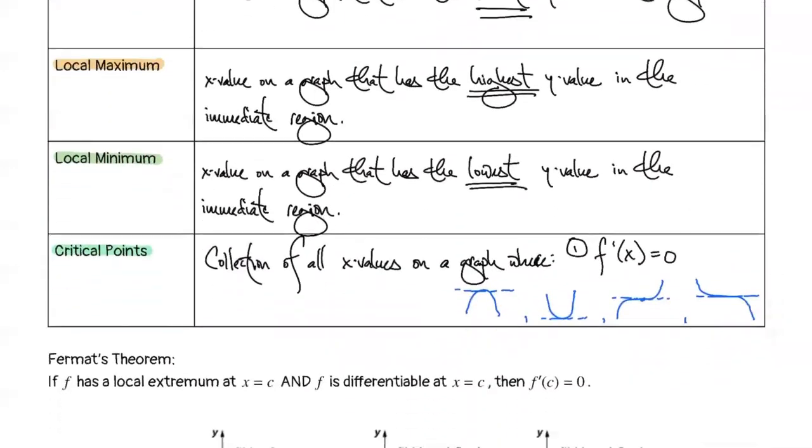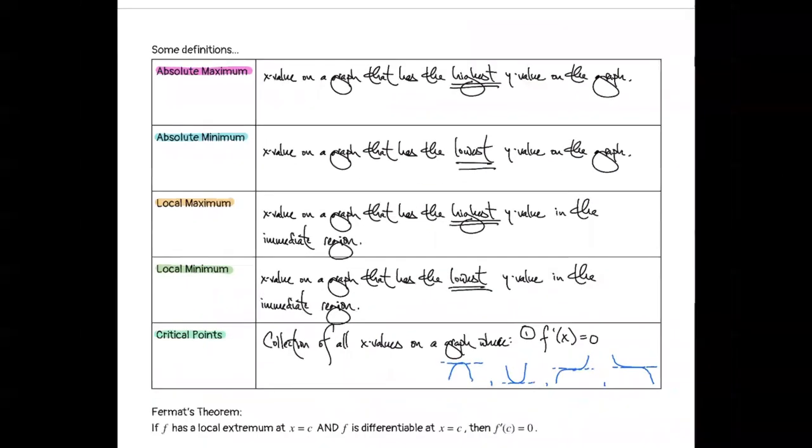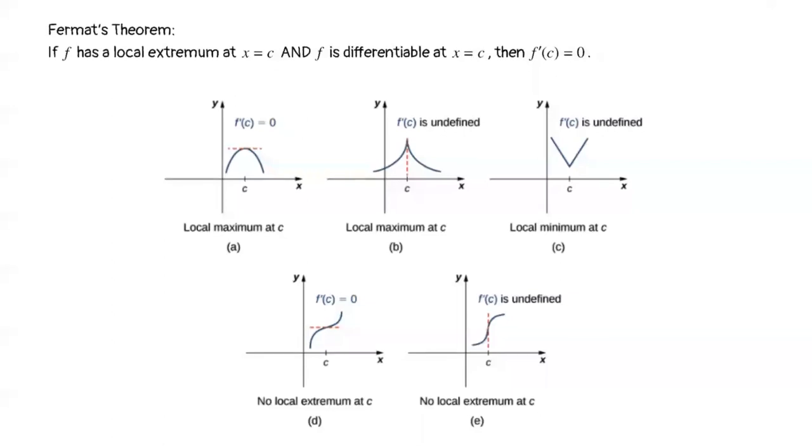So we've got some definitions, we've got some pictures. These pictures are going to be super helpful, especially when we get to 4.5. Now we're going to talk a little bit about Fermat's theorem.